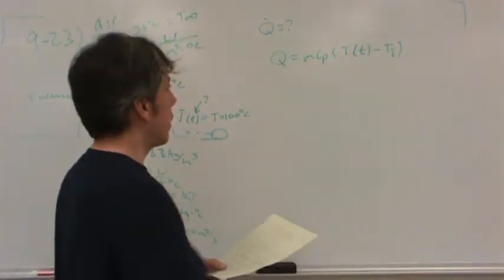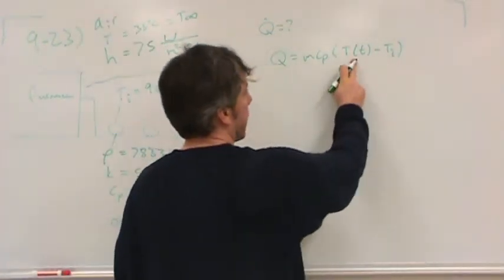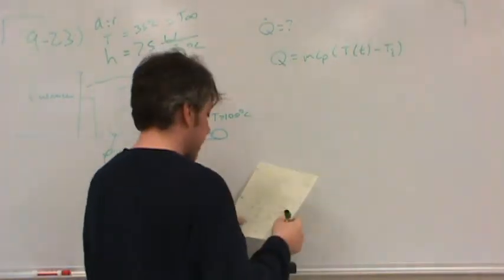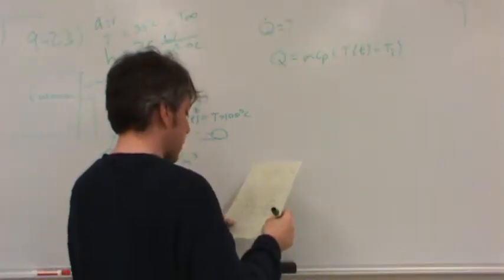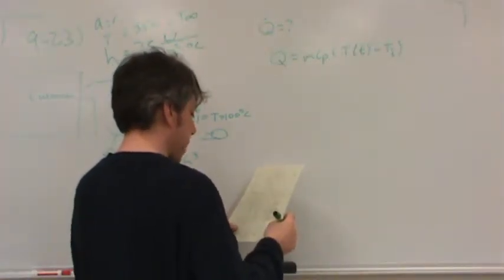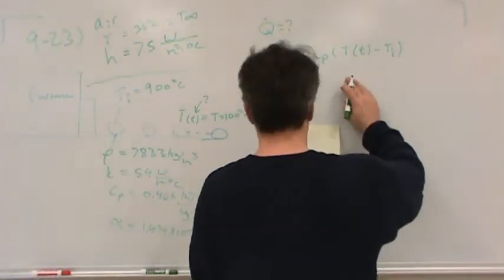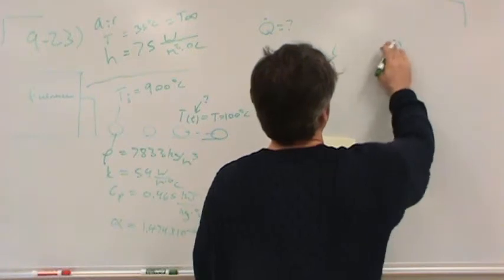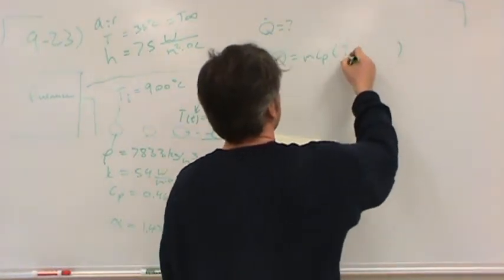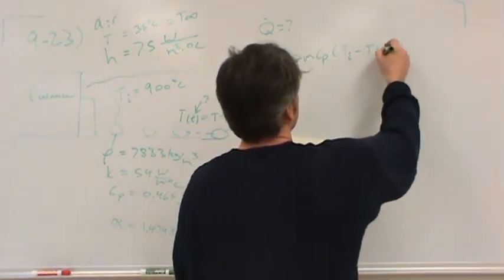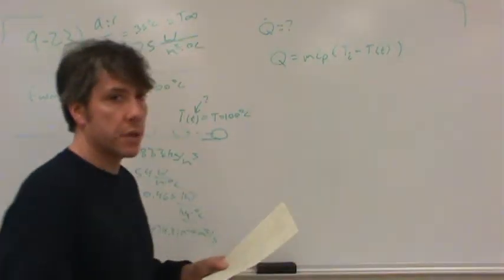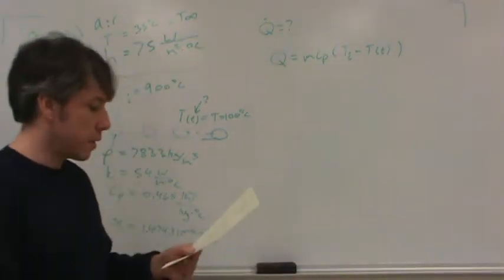So the ball goes from 900 down to 100, and I'd like to know how much heat transfer that represents. To get Q to be positive, I should switch these around. The initial temperature is higher than the final temperature, so let me write it that way so it's obvious Q is coming out positive.